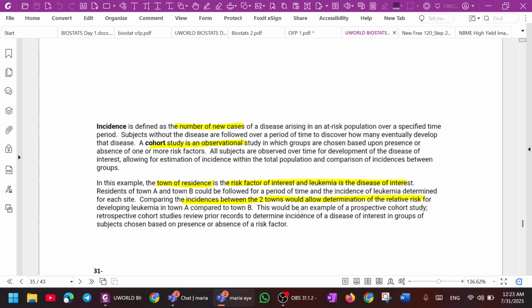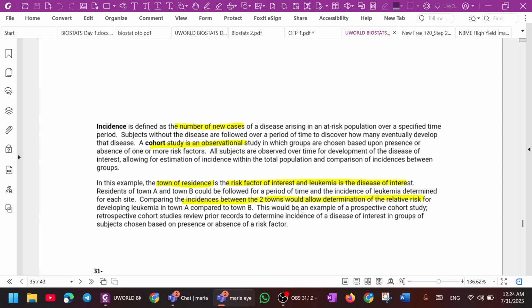Incidence is defined as the number of new cases of a disease arising in an at-risk population over a specified time. Subjects without the disease are followed over a period of time to discover how many eventually develop the disease.